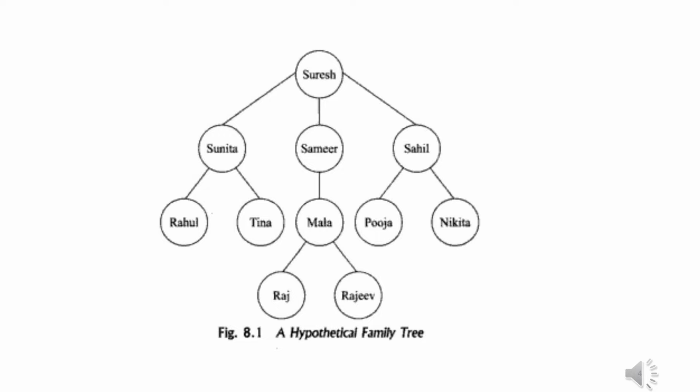Suresh is the parent, then grandparent, then Sunita, Samir, Sahil are the sons, then their children: Rahul, Tina, Mala, Rahul and Tina of Sunita's, then Samir's Mala, then Sahil's Pooja and Nikita. This is a simple example of a family tree.